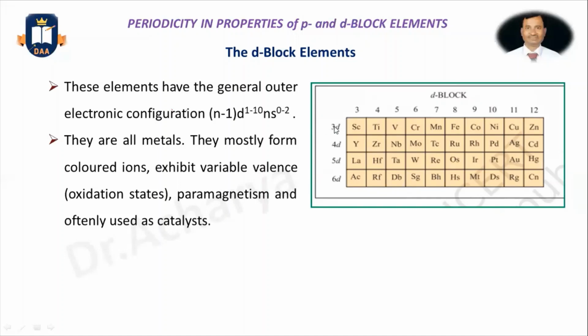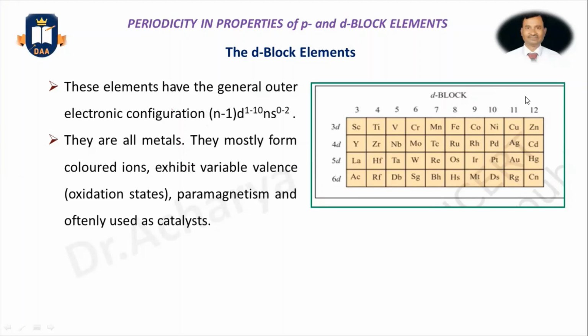That means these d-block elements have the general outer electron configuration (n-1)d1-10 ns0-2. Here n-1 is the inner shell; the outer shell is designated by n, which is the principal quantum number, and the inner shell is n-1.